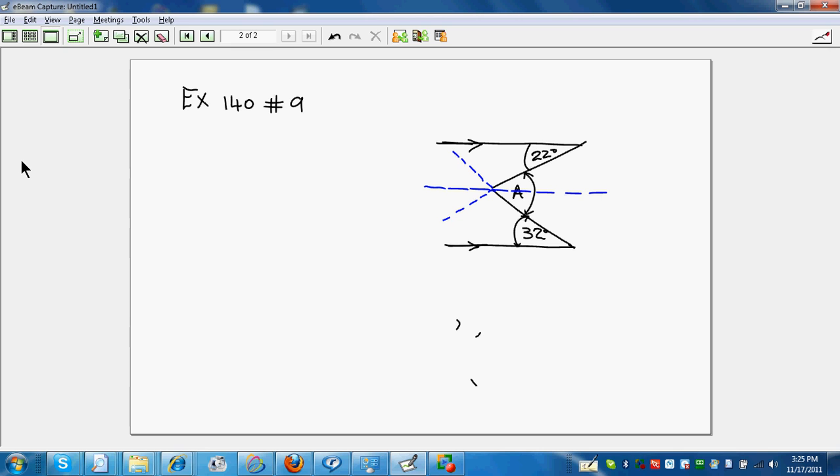Now, one thing that I immediately see is that if we were to look at 22 degrees and this angle that I'm drawing here, which I will call angle theta, we could say that those two angles are alternate angles because they are inside of a special z.